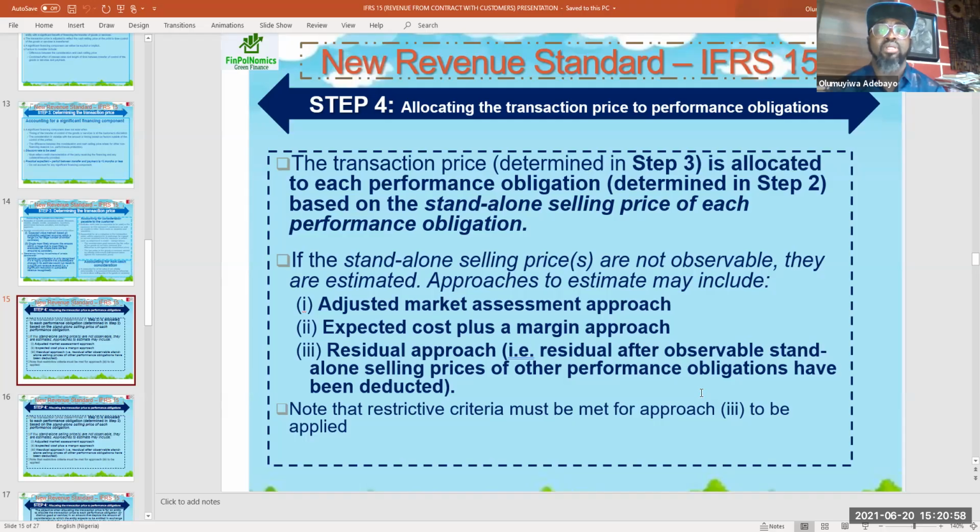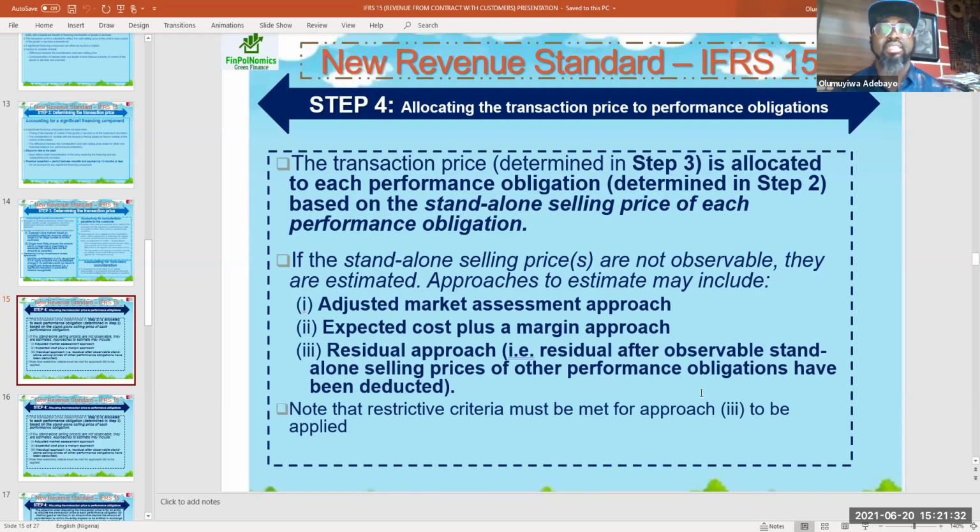Now, what step 4 requires from us is that since we have identified in step 2 the performance obligations, and since we have identified in step 3 the transaction price, therefore step 4 says, how do we allocate the transaction price in step 3 to the performance obligations so identified in step 2. Doing so, what do we do?